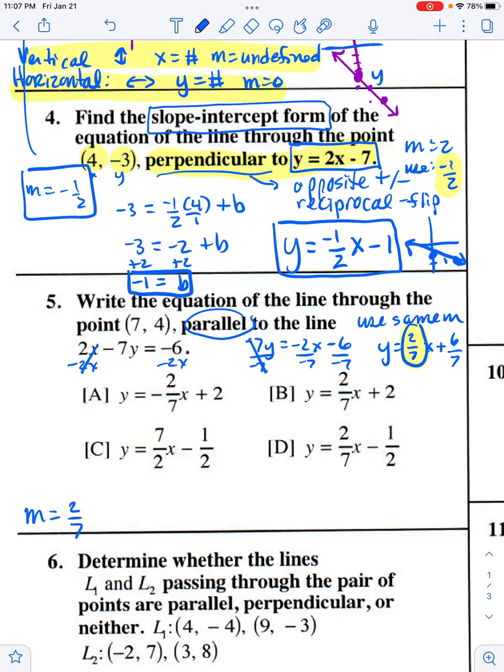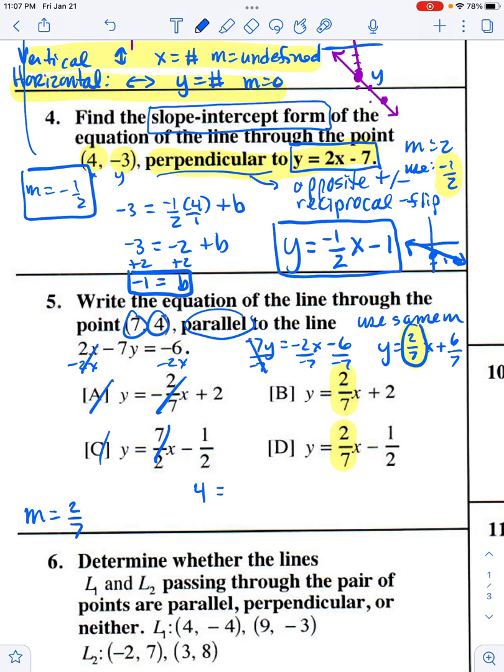So I already know that my slope is going to be 2/7, which means it's not choice A because that's negative. It's not choice C because that's 7/2. It's either going to be B or D because they both have 2/7 as a slope value. So I'm going to have to go back and use the x and the y that they gave me to figure out the b value.